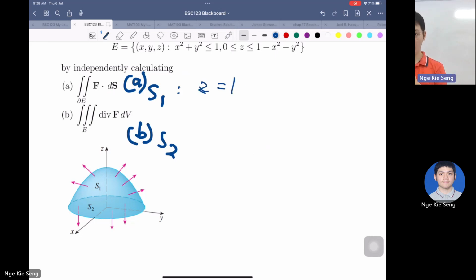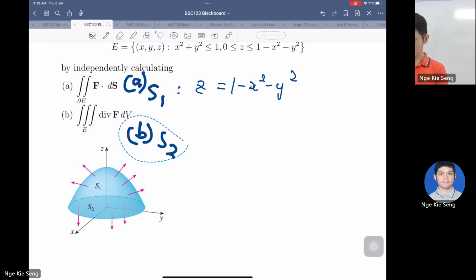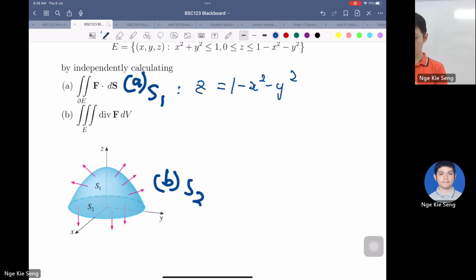Z equals to 1 minus x squared minus y squared. Okay, S1 is easy. Because this is z equals to f(x, y), we can just parameterize it as x, y, and 1 minus x squared minus y squared.